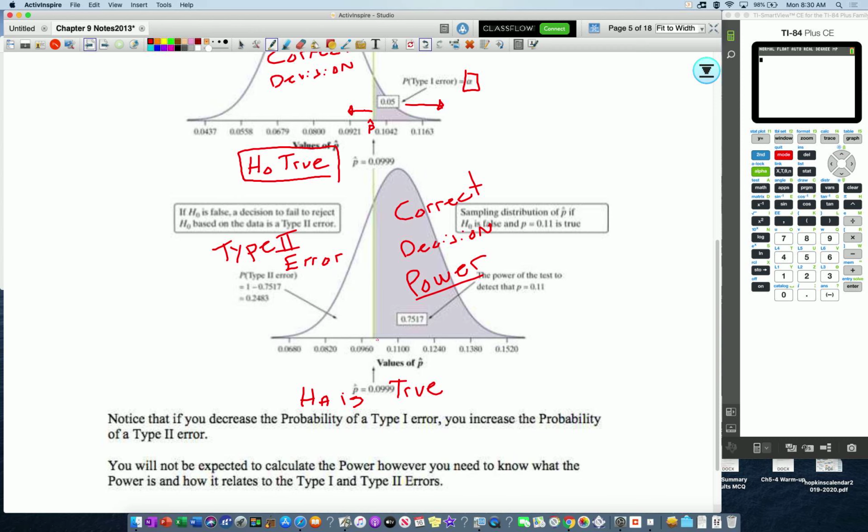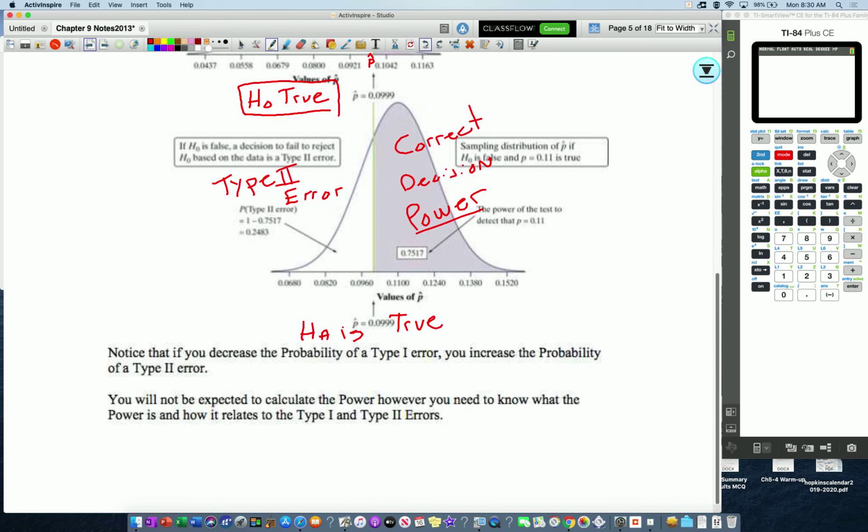So your type 1 and type 2 error are tied together by this significance level. A lot of times companies will look at this significance level and determine which mistake they can live with more, the type 1 error or the type 2 error, from a business aspect. And so they'll make one a lot bigger and make the other one a lot smaller.